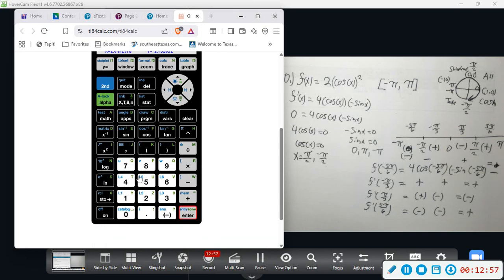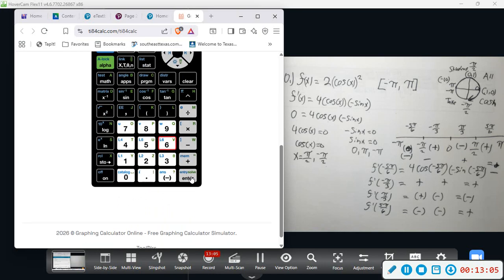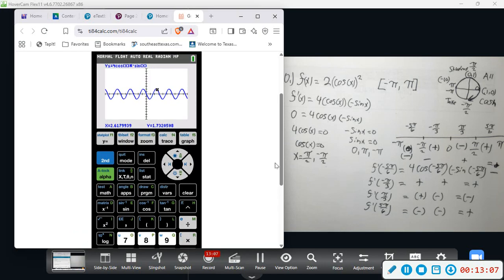And then if we do positive 5 pi divided by 6, we get a positive. Okay, so you can figure that out from the unit circle. The more familiar you are with the unit circle and the process of remembering those, it can help speed up this process, but it does take a little bit of time.